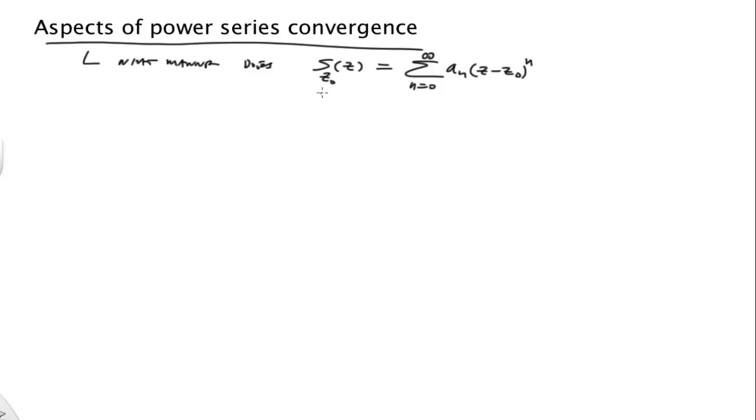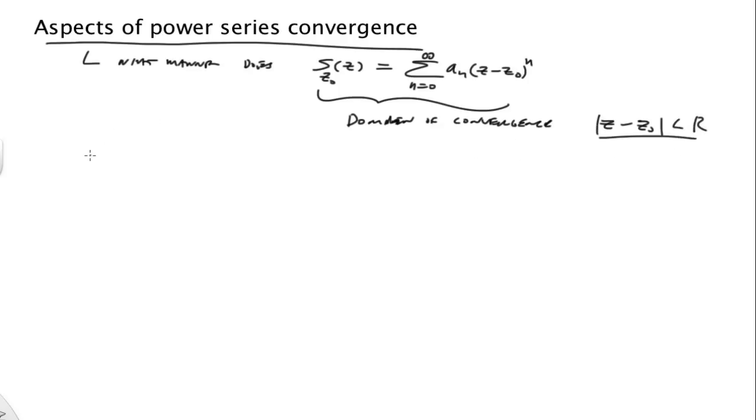All right, so this has a sort of domain of convergence. And we can usually write that domain as |z minus z naught| is less than r. Okay? So those are the standard notation here.